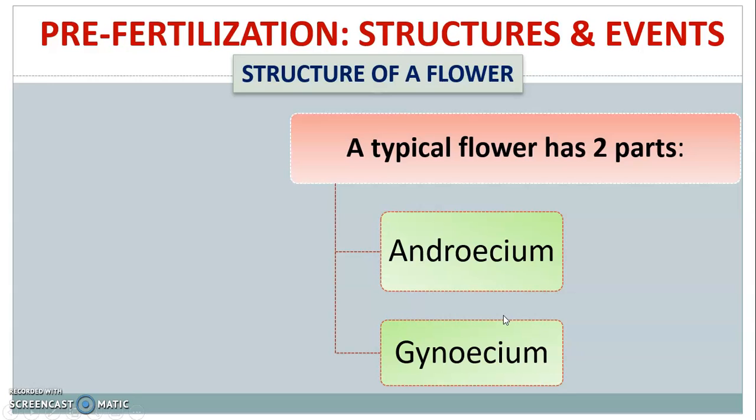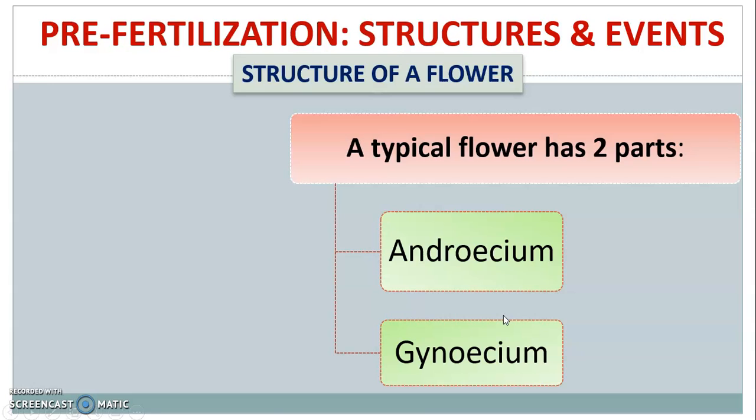Inflorescence means the arrangement of flowers, right? The packaging of the flowers. That is known as inflorescence. So different types of plants have different types of inflorescence, and at this stage, these structures have several structures that are involved in sexual reproduction.